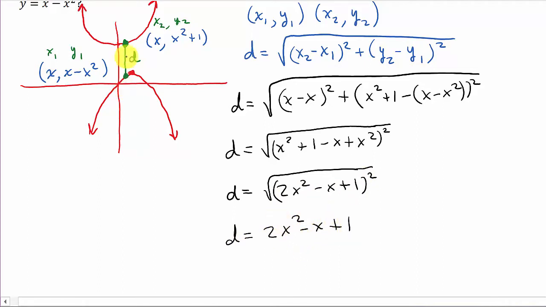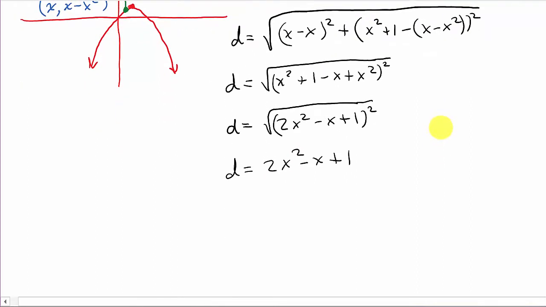So that's the distance between those 2 points there. So we need to find the derivative. The derivative is equal to 4x minus 1. Set this equal to 0. 4x minus 1 equals 0. So x is equal to 1/4.